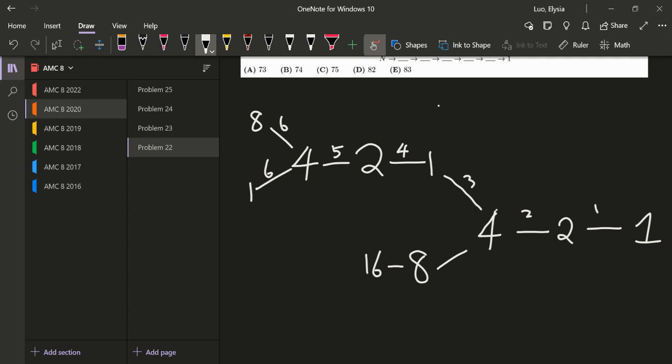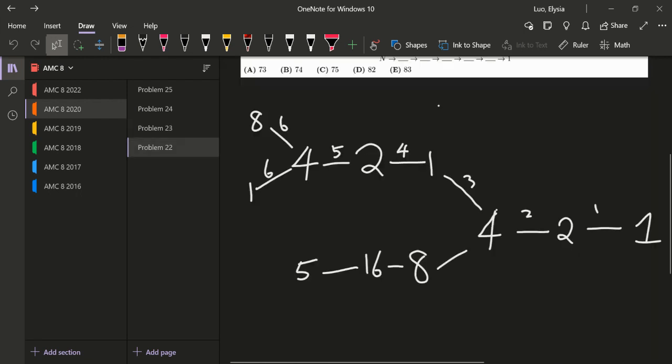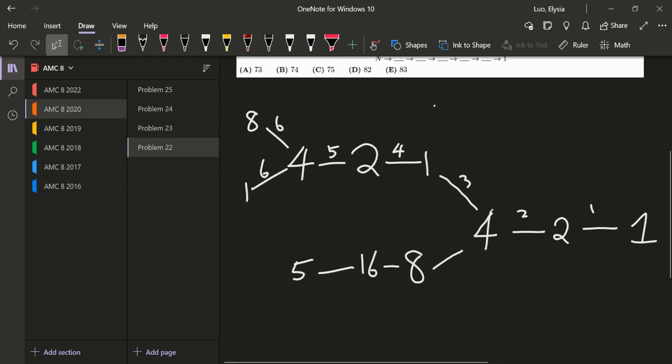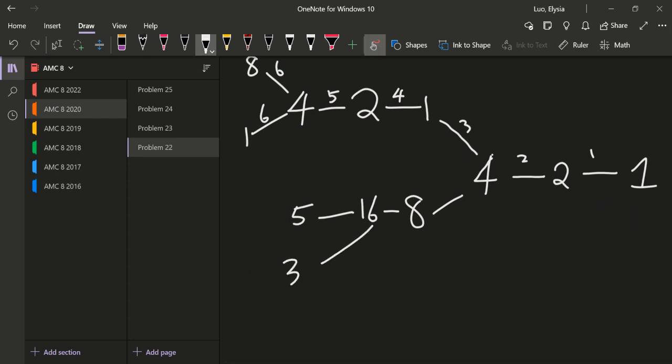But wait, we haven't finished on this side yet, so we can't stop. So 16. What can we get from 16? We can do 5. There is no even positive integer that can divide by 2 and get to 16. Sorry, that was my bad. There actually is, because you can do 32, and 32 divided by 2 is 16.